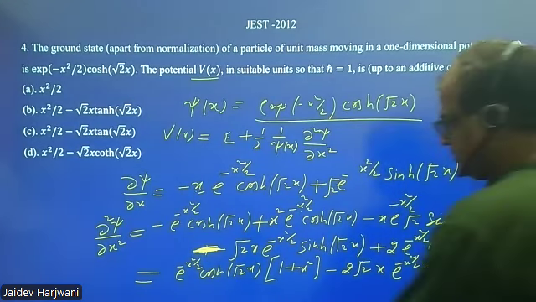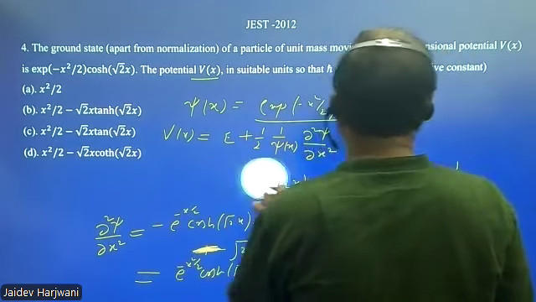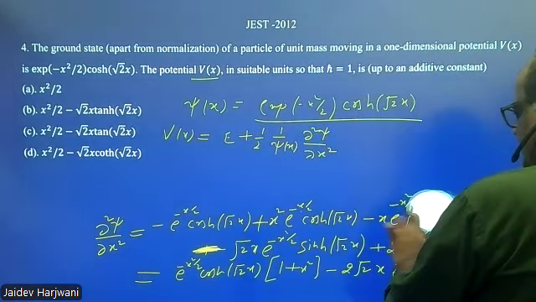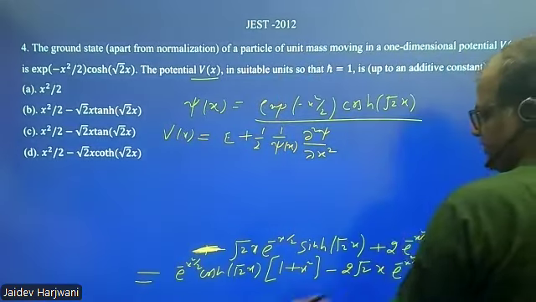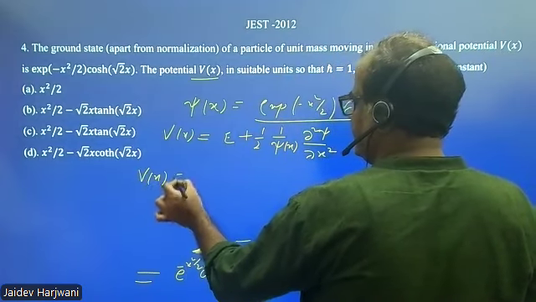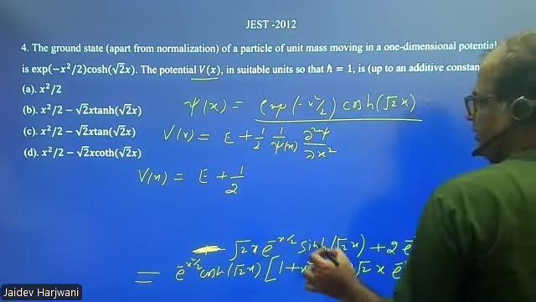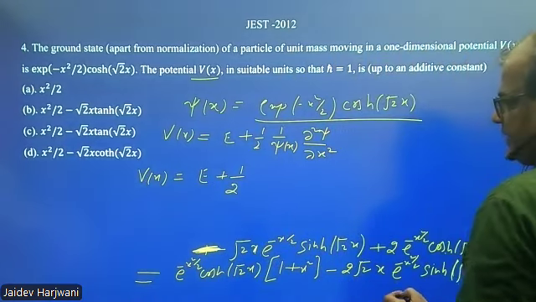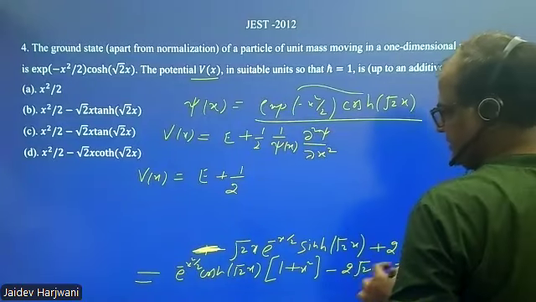Now just put it in this expression. I want to find what is my V x. So V x will be simply E plus half. And my original function, this is psi x.